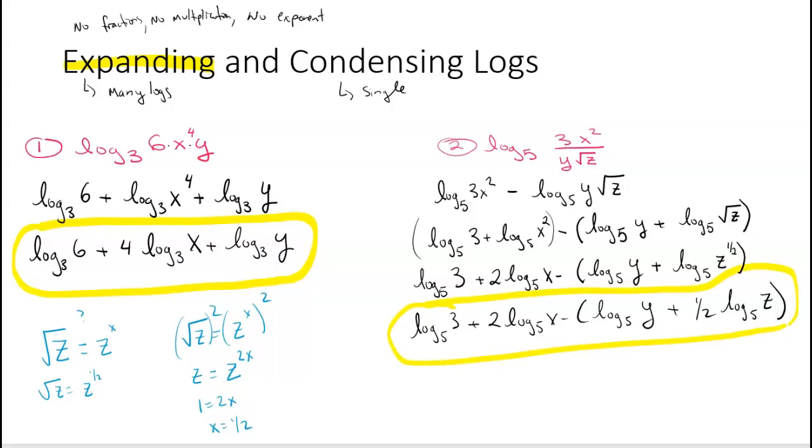You could also, if you wanted to, distribute that negative. So if you wanted to write it like this, log base 5 of 3 plus 2 log base 5 of x minus log base 5 of y minus 1/2 log base 5 of z, you can do that as well. Okay.